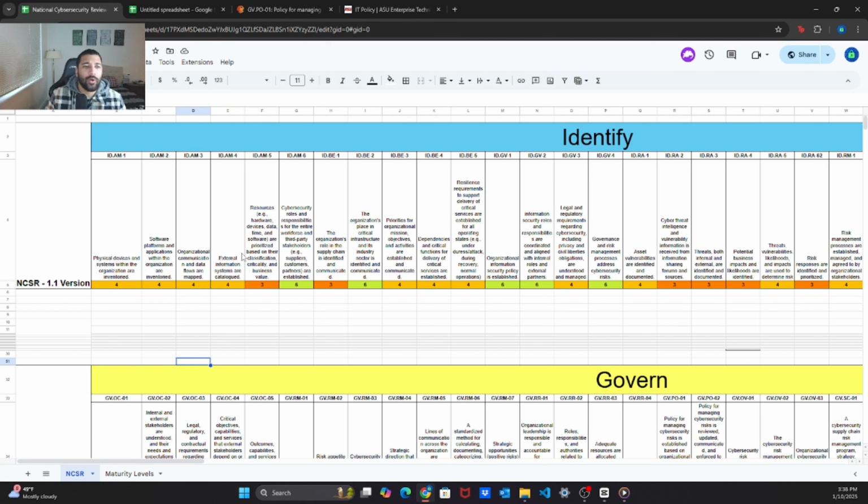But usually the organizations that I run into that are at 7 must be there because of some compliance reason, because of HIPAA or CJIS or whatever it may be. Like, for example, the IRS, they are going to be at a 7 on some level because they have to be. They deal with a lot of financials and information.